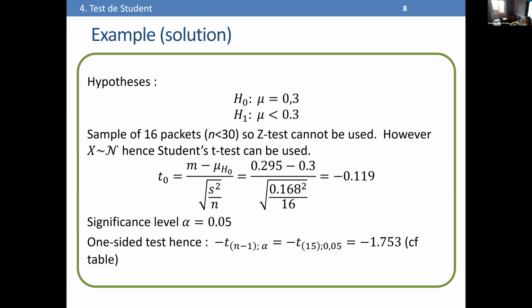For a unilateral test, because you remember last time that if we were in a bilateral test, we would have a value here, and we would say you have to be there. But because it's unilateral, we only look at this side.